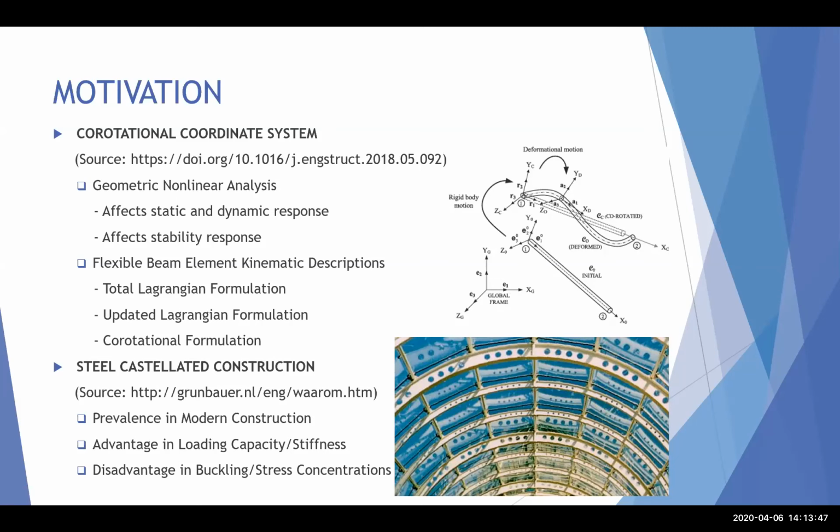So this leads us to the updated Lagrangian formulation. In this description, the system of equations is defined in terms of a coordinate system that is updated with the last accepted solution. Using this, the system equations are much simpler compared to the total Lagrangian.